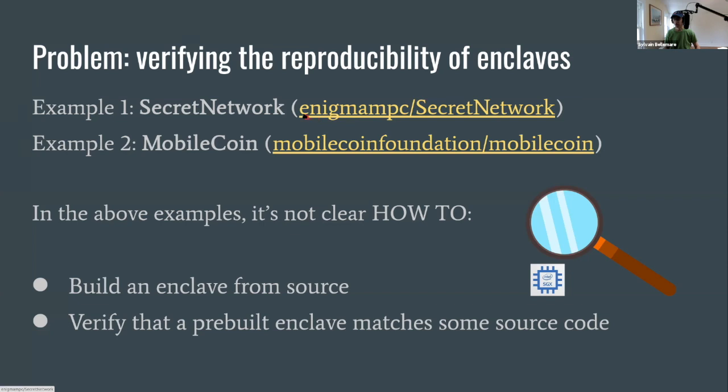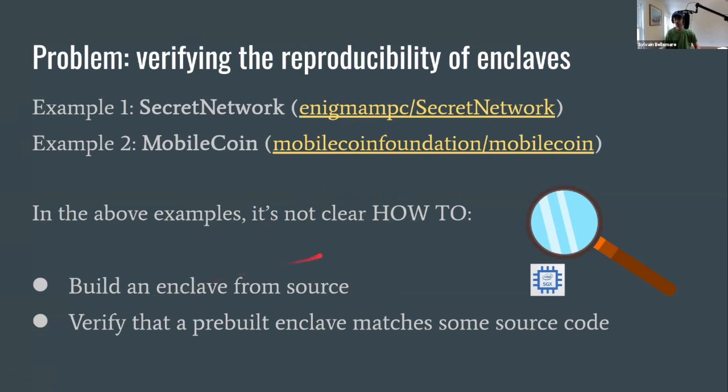So the challenge here will be to go to either one of these repos, like MobileCoin or Secret Network, and check that they're running the source code that you think is good. And you'll see that it's not easy. I actually tried a few weeks ago, because I thought it would be cool for this presentation to show the usage of the tool I'm going to demo for these projects, and it's super non-obvious.